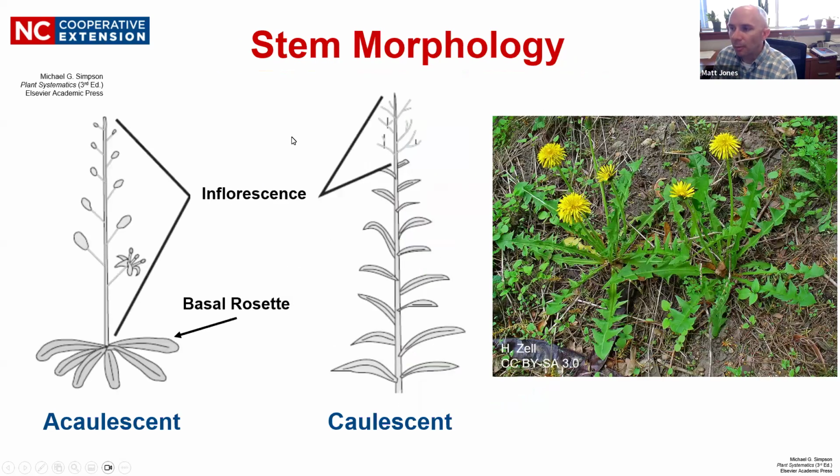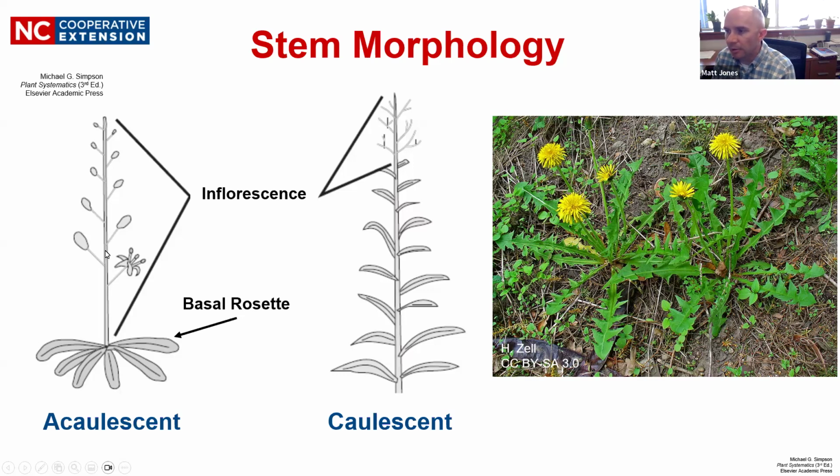Other terms to open up with: many plants have true stems and are said to be caulescent, but some plants, like a dandelion, for example, or plantago, are considered acaulescent, and this just means that the internodal space between the leaves is so highly reduced that the stem is just this flattened, so-called basal rosette at the bottom of the plant.